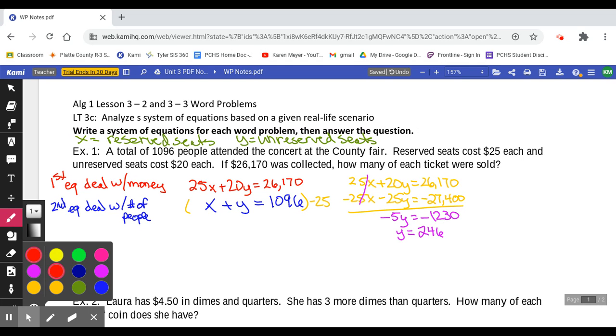So plug in 246 for Y. So X plus 246 equals 1,096. Subtract the 246 over, and I get 850. So 246 people had unreserved, and 850 people had reserved.